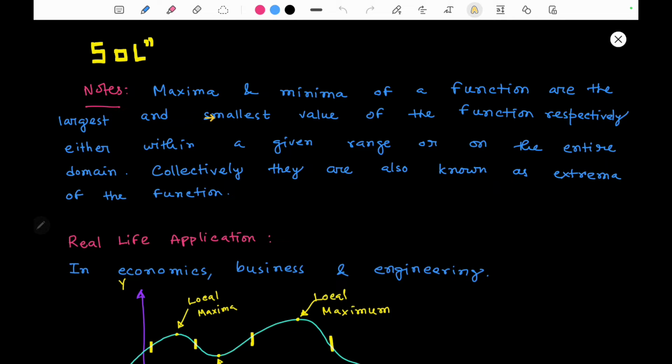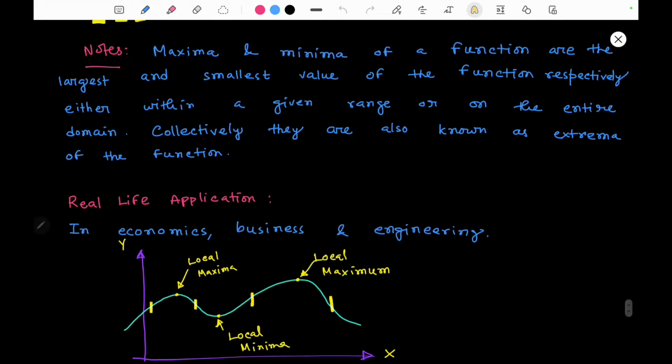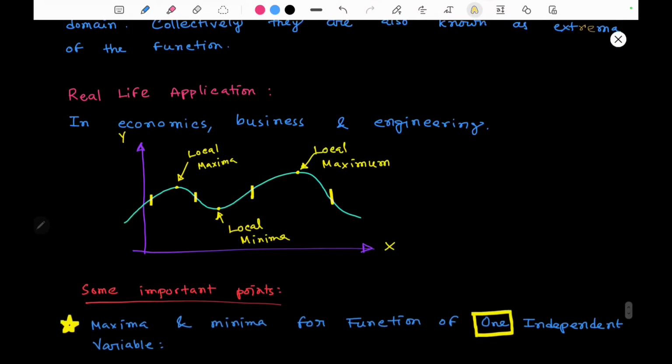Collectively, they are also known as extrema of the function. In real life, these maxima and minima are used in economics, business and engineering.